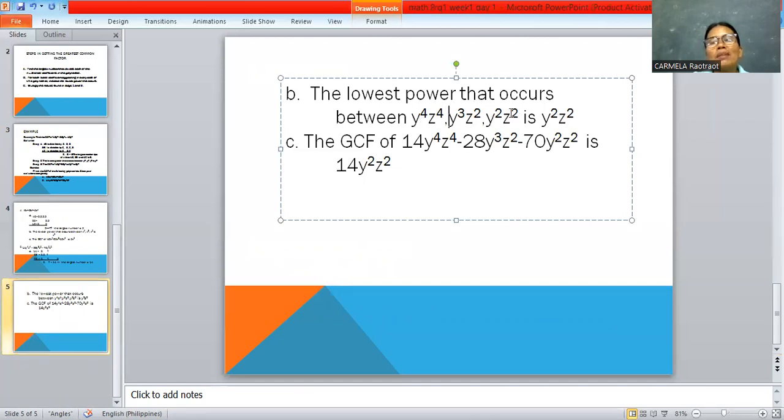The only problem now is you are going to indicate the exponent, which is 2. Y raised to the power of 2 and z raised to the power of 2. So letter C, the GCF. In letter C, you are going to multiply the result of letter A and letter B. So that is 14 y squared z squared.